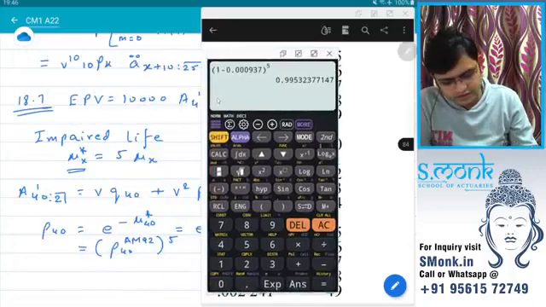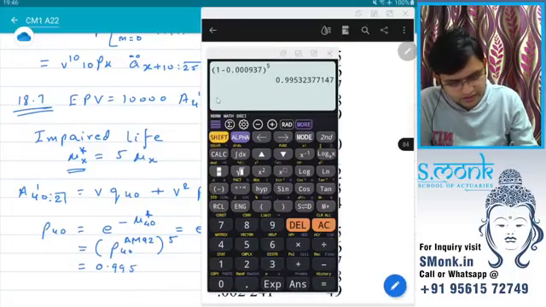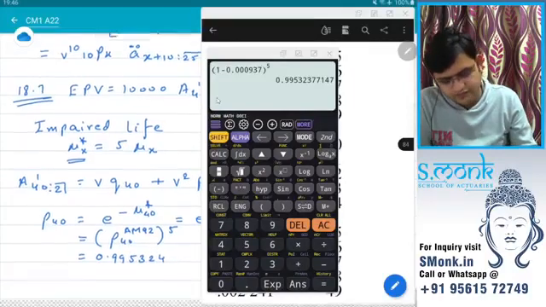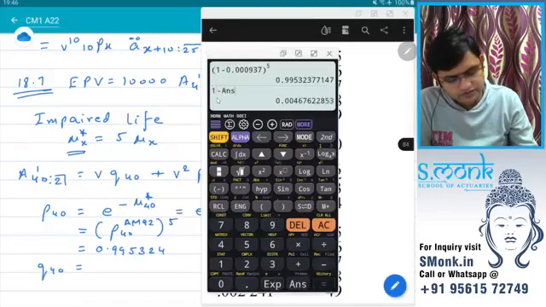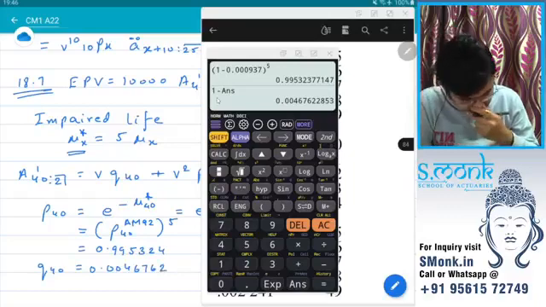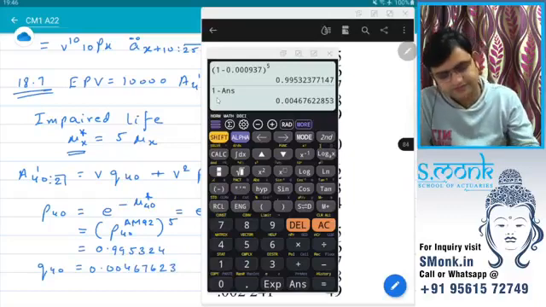This is what our P40 is going to be, 0.995324. Okay. We can find Q40 as well, because we'll need Q40. 1 minus of this, minus of this, 0.004676 2, 3. Okay.